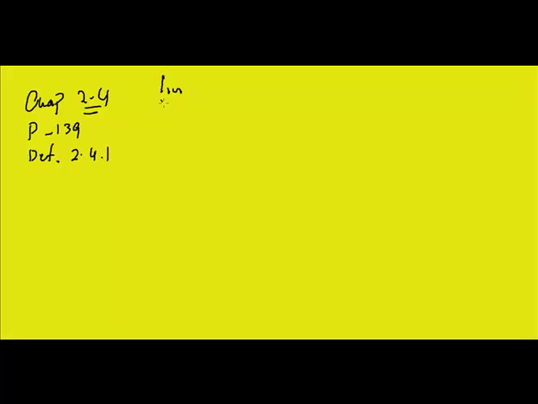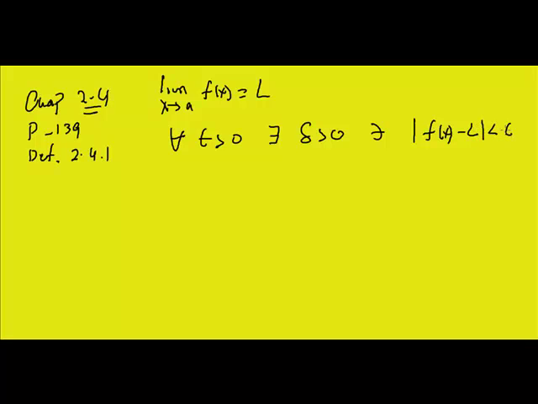And it says limit as x goes to a of f of x is equal to L. And the definition says this, that for every epsilon greater than 0, there exists a delta greater than 0, such that the absolute value of f of x minus L is less than epsilon, and at the same time, 0 is less than the absolute value of x minus a is less than some delta.